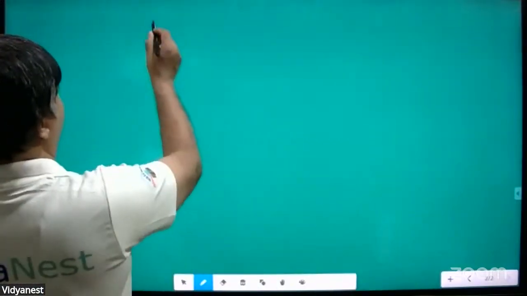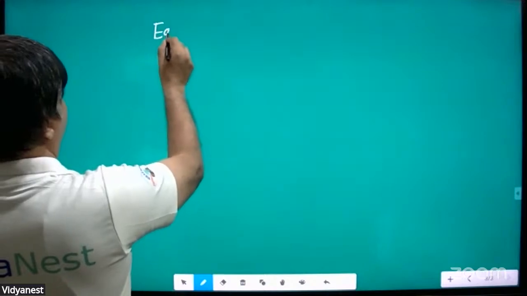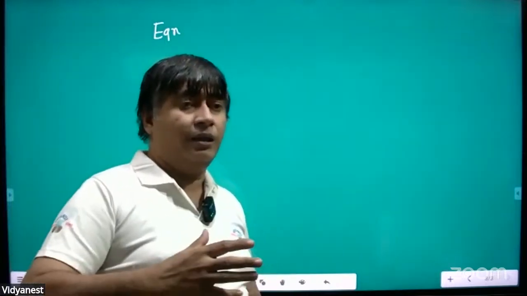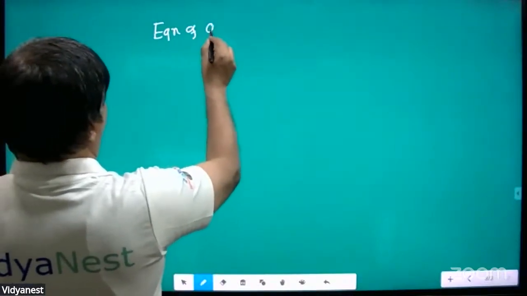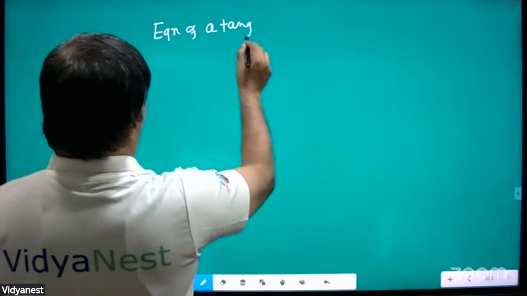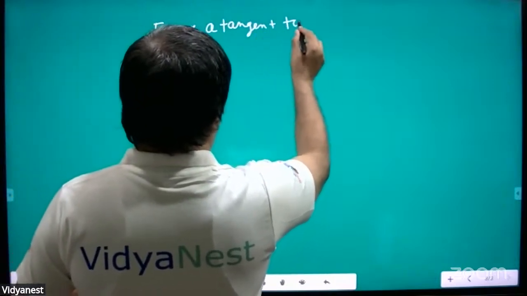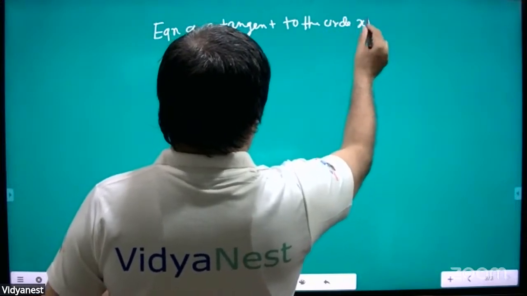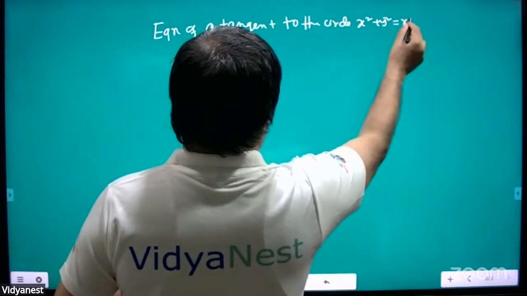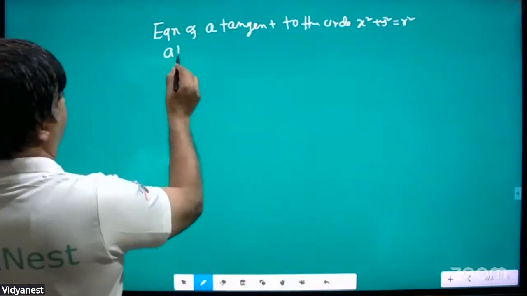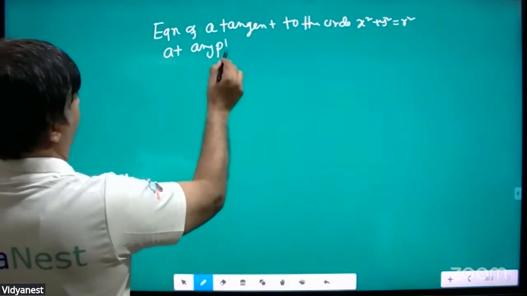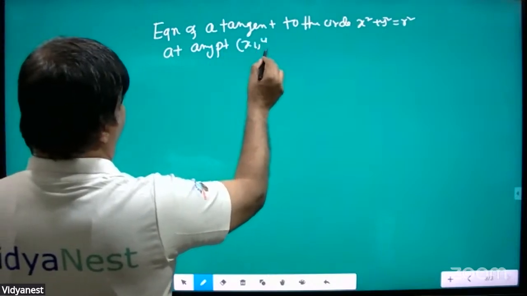Now equation of tangent. Previously we got the equation of the tangent of a circle by slope form. Right now, the equation of a tangent to the circle x square plus y square is equal to r square at any point x1 y1.